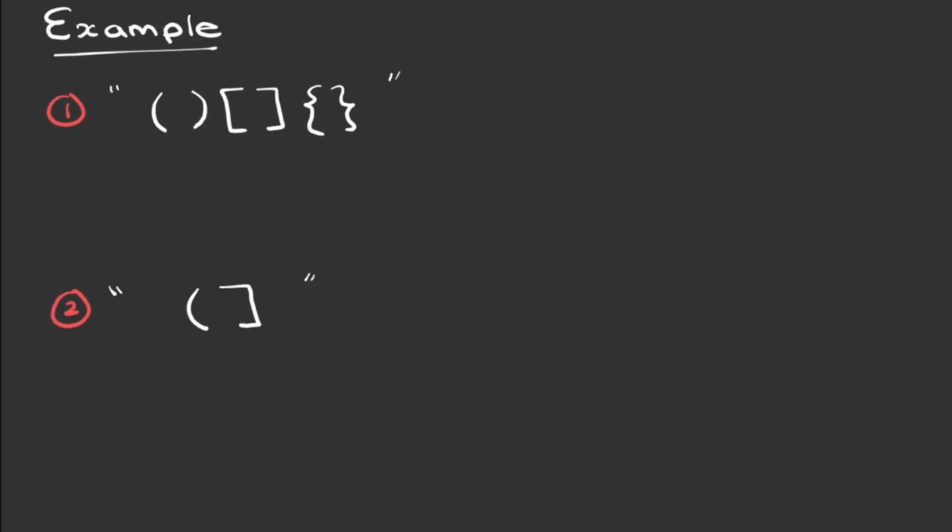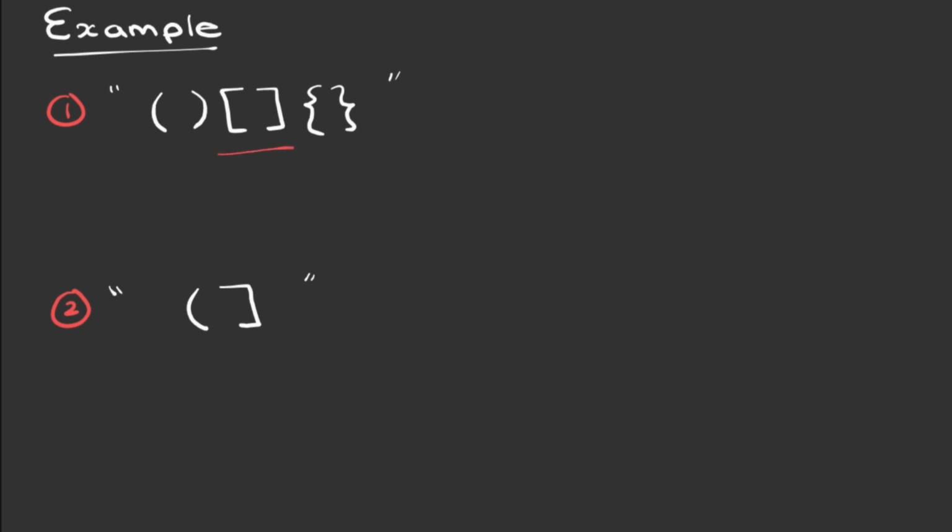So for the first input string, we see that we have an opening round bracket, but it's immediately closed by a closing round bracket. So this part of the input string is valid. Similarly, we see an opening square bracket, but it's immediately closed by a closing square bracket.